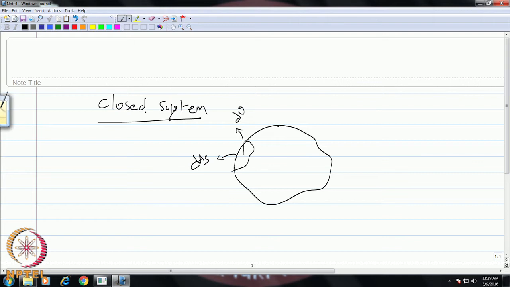Okay. Now, the normal vector of this particular element is always pointed outward normally from the surface. So, this is your normal vector.